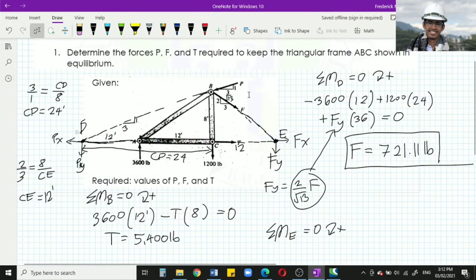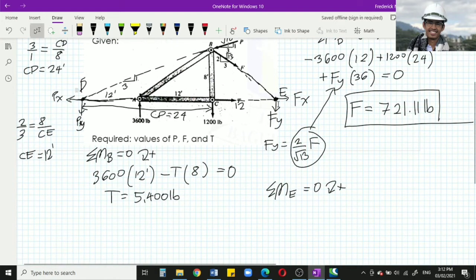So itong slope natin is 3:1. So yung magiging hypotenuse niya will be equal to square root of 10. Okay? So i-moment na natin. So P, yung PY lang ang gagamitin natin. So that will be 1 over square root of 10 P. Ito na yung PX natin, class, and ito na yung PY natin.